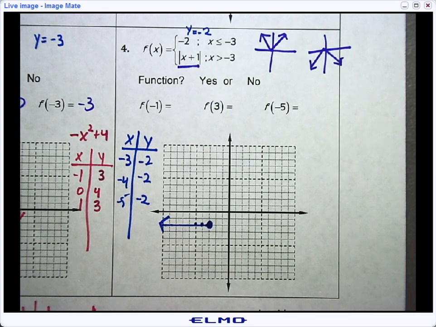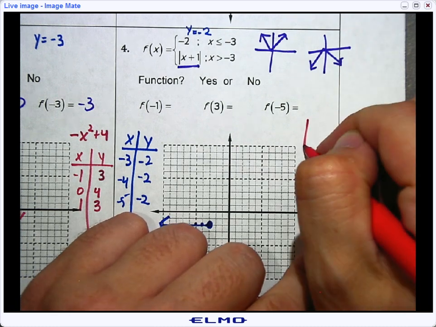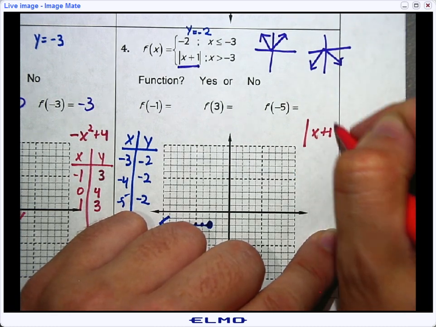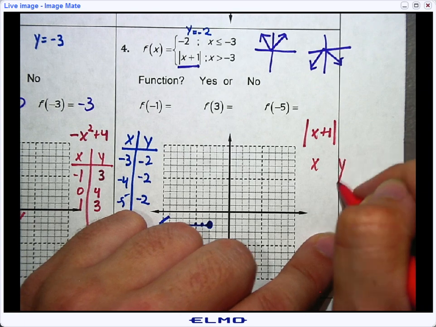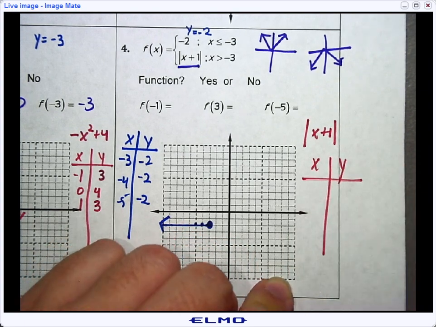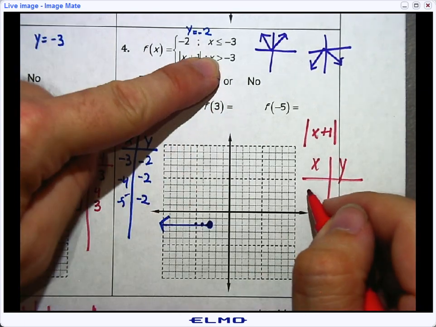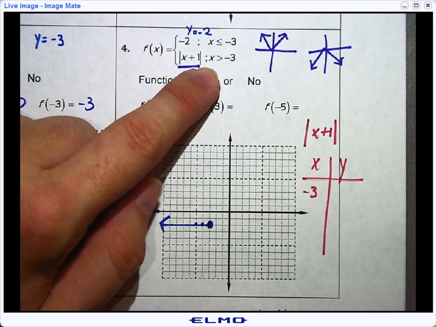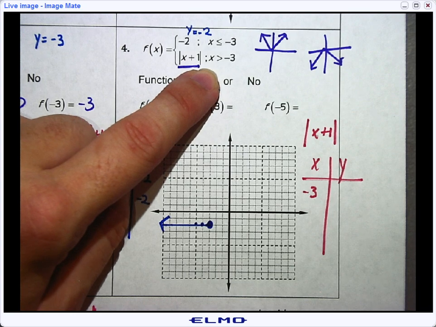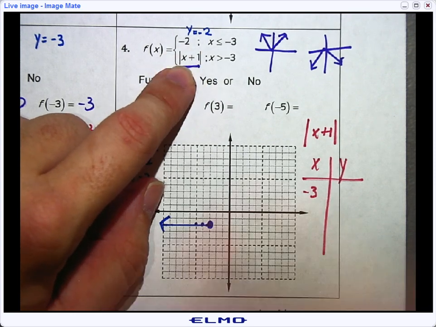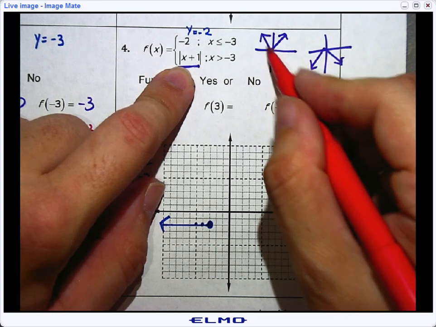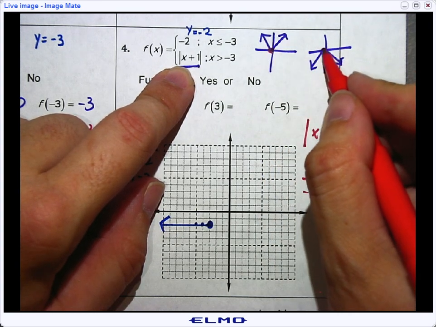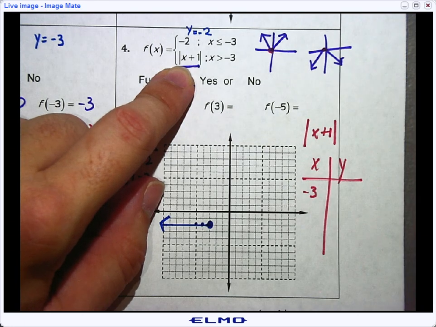Now for the second one. So the absolute value of x plus 1. Get us a couple values to plot. Again, I do want to know what happens at -3, because that's where the functions change. And this occurs when x is greater than -3. We do want to be a little picky about the values we pick. Absolute value has to have a lowest point or a highest point, depending on the function itself.